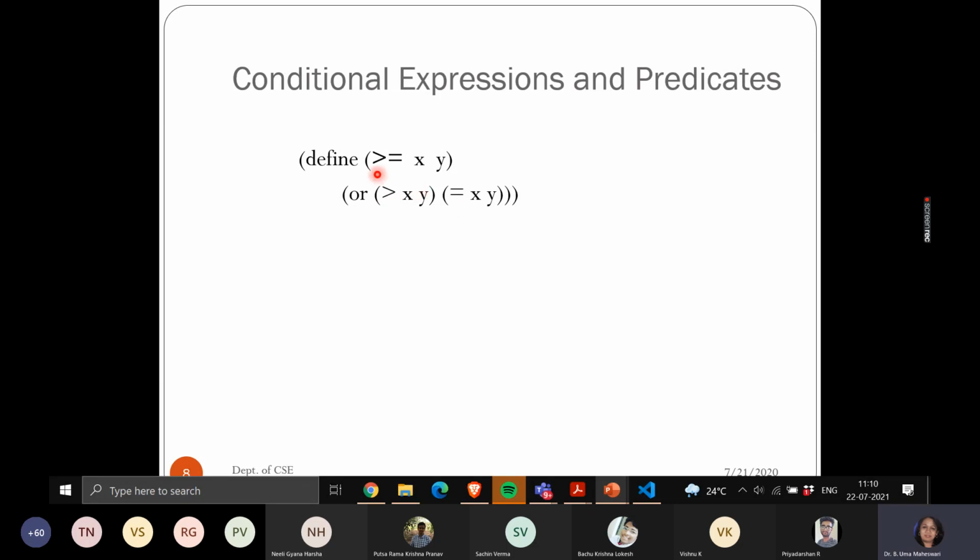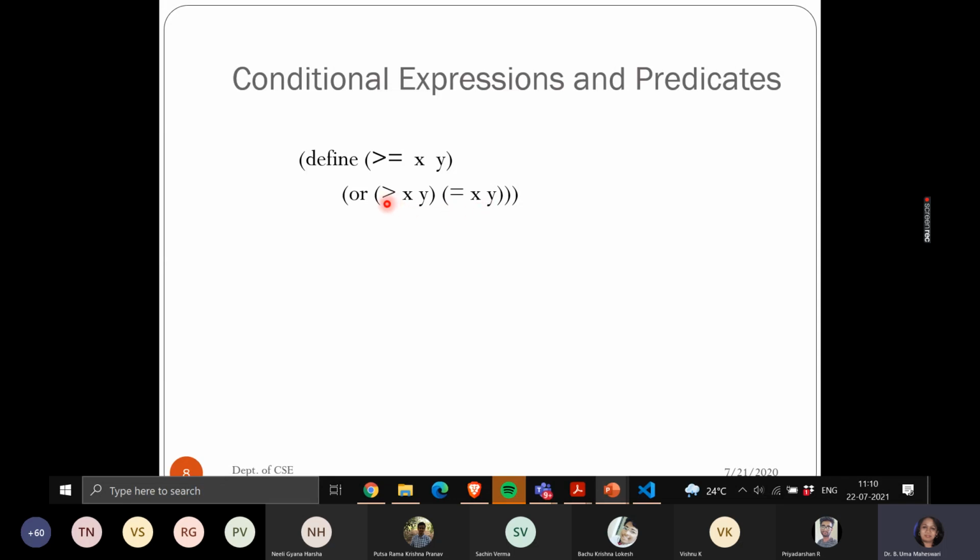Okay, so define what we are going to define. What is the procedure name? Greater than or equal to. This is the procedure name, and the formal arguments are x and y. In the body section, x is greater than y or x is equal to y. This is the executable statement, and it is very primitive, all are primitive.